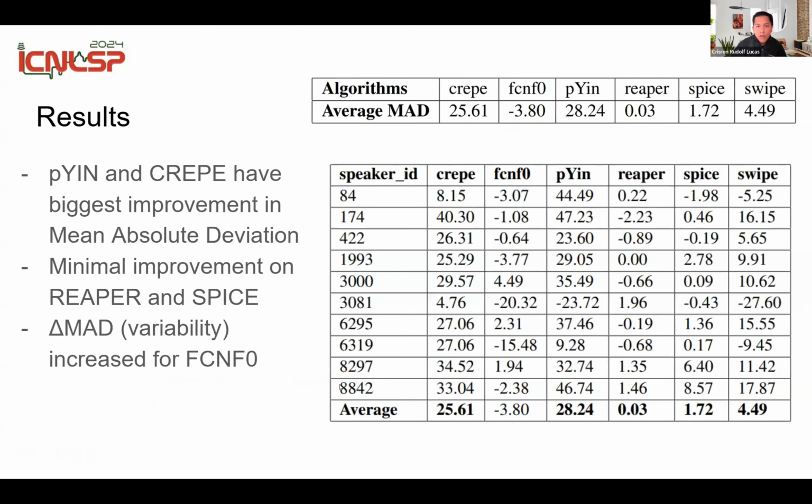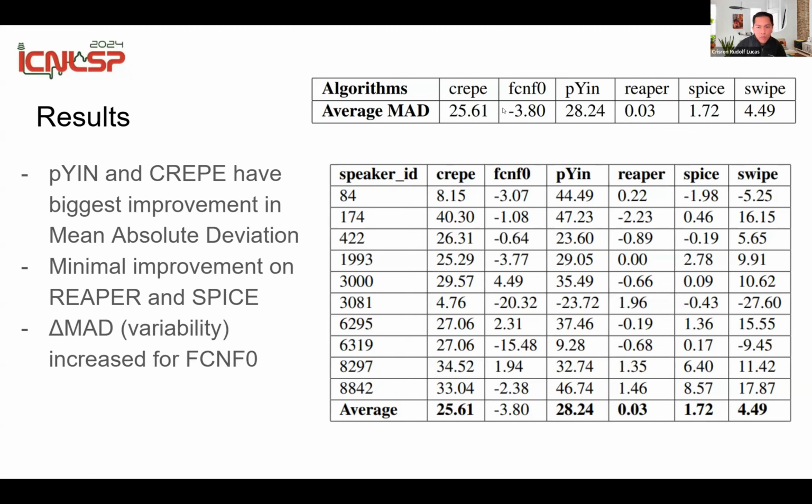I also tried to get the mean absolute deviation to observe how the variability differs between the algorithms before and after post-processing. So these are all delta MADs, before post-processing and after post-processing. And the values in the average MAD are all delta.